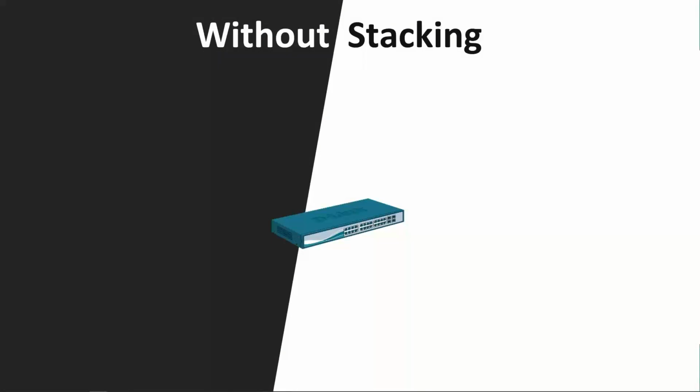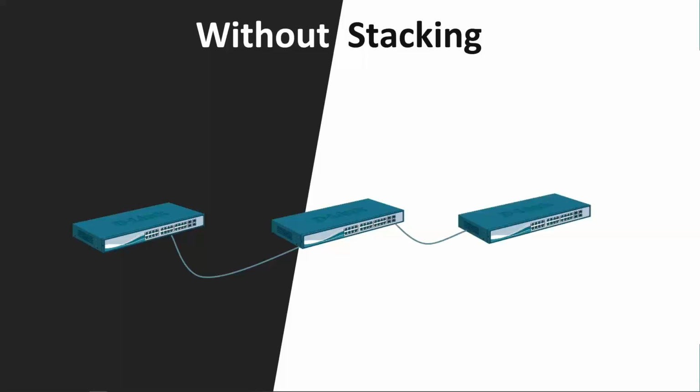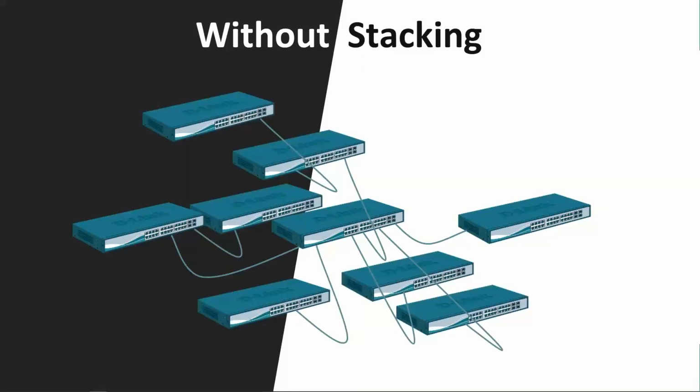Now, this is obviously traditional networking. So you have a switch, you give that switch an IP address. Maybe at some point you want to expand your network, so you have another switch, or maybe that's in a different area, and you start plugging them in. Every switch has a different configuration, a different IP address, and before you know it, you start daisy chaining, you start thinking about how they're going to work, where they're going to go, and all of a sudden you're in this big mess where you just keep building and building and building.